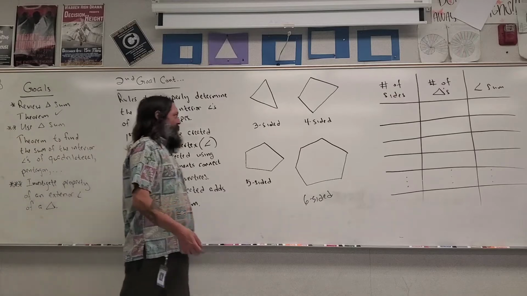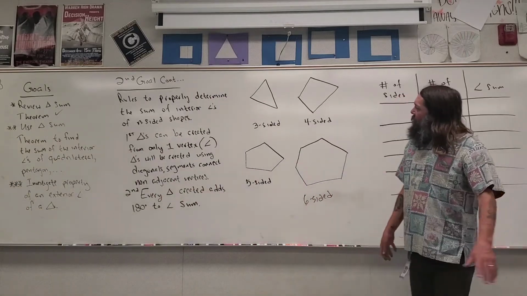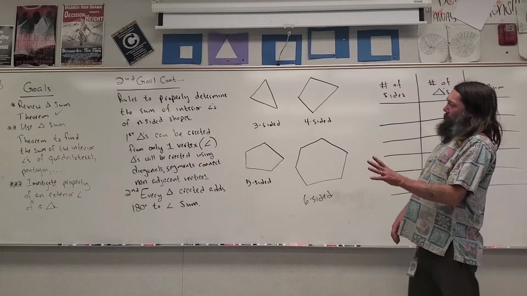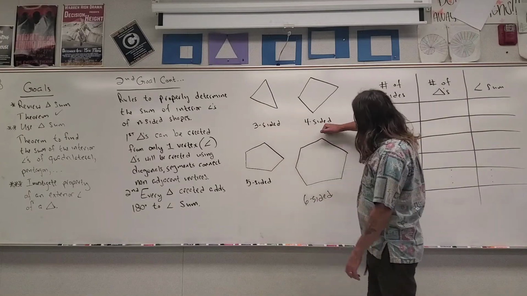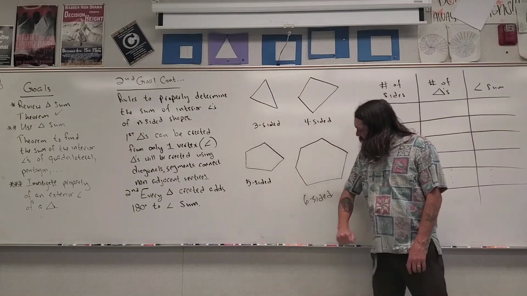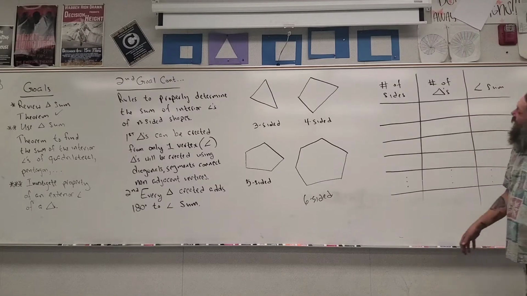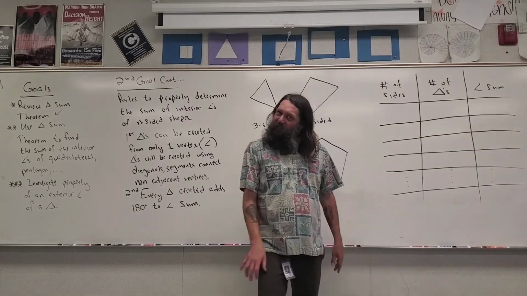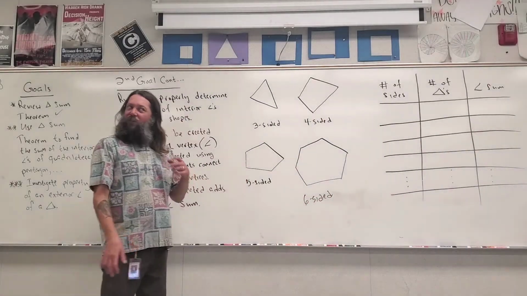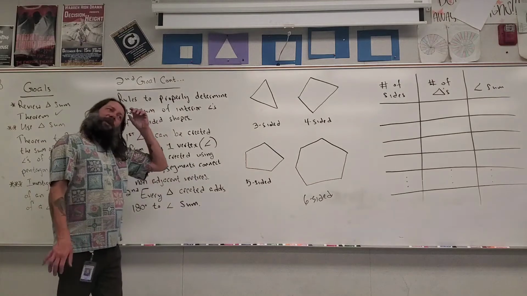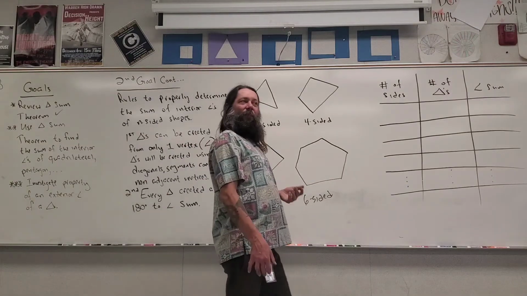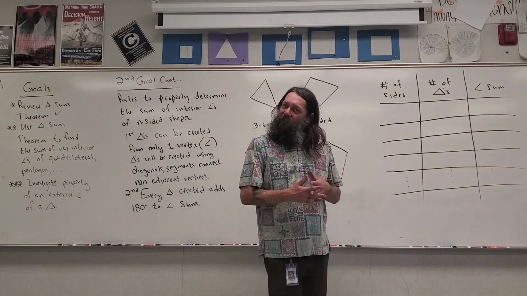angle sum. All right, so I have 4 shapes. One's 3-sided, one's 4-sided, one's 5-sided, and one's 6-sided. And I have a table that's going to help us organize what we discover. And like before, it's a little bit better not to put numbers together. I don't know if you remember, way back in the beginning of this class, we actually learn more by not putting numbers together.